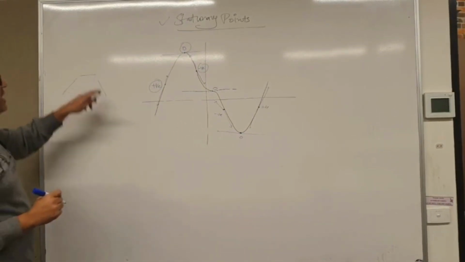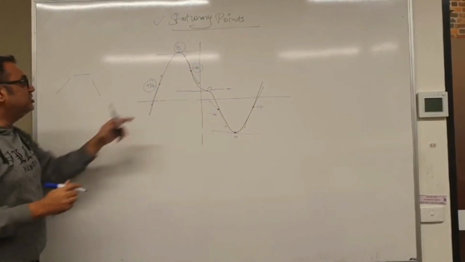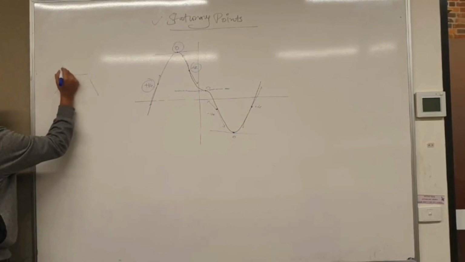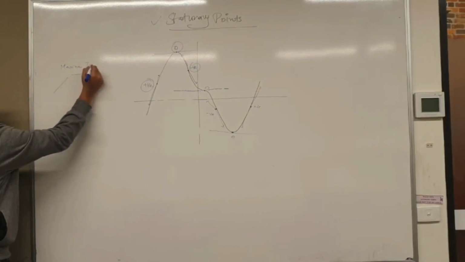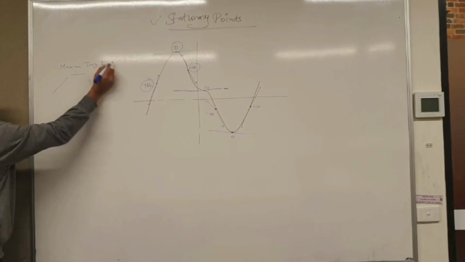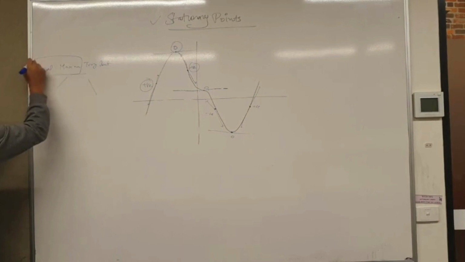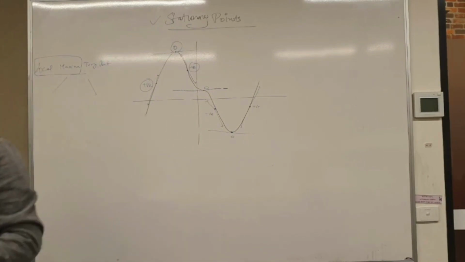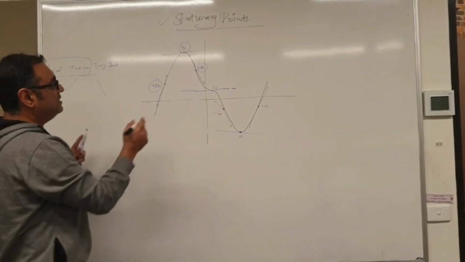So when you see this kind of a pattern of the gradient for the tangent, you call it a maximum turning point, or shall I say local maximum. Make sense?